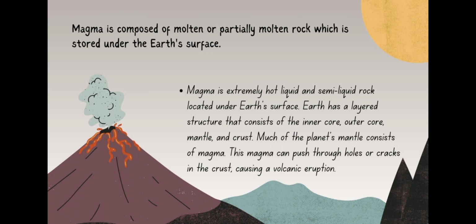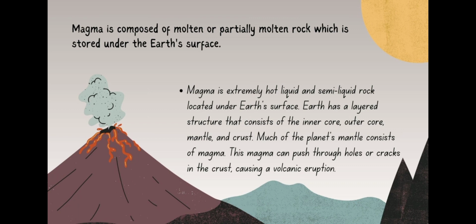Magma is composed of molten or partially molten rock which is stored under Earth's surface. Magma is extremely hot liquid and semi-liquid rock located under Earth's surface, and Earth has a layered structure that consists of the inner core, outer core, mantle, and crust. Much of the planet's mantle consists of magma.